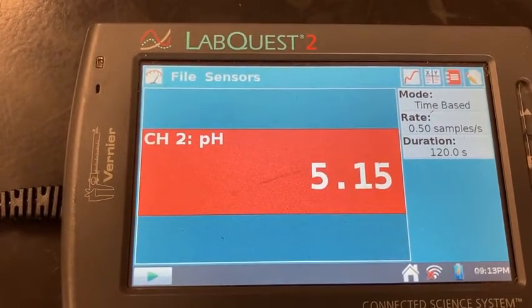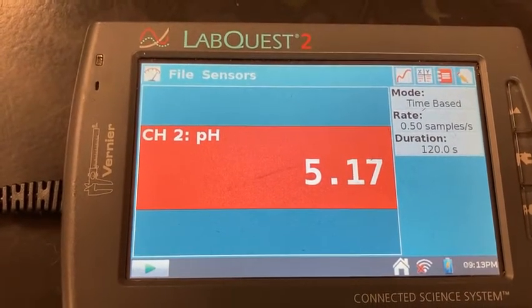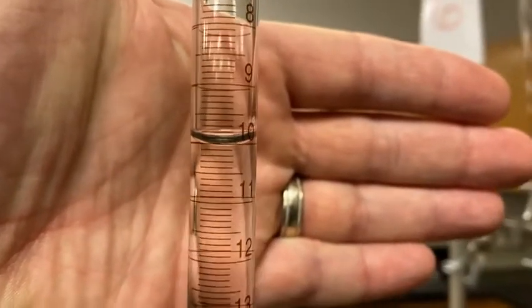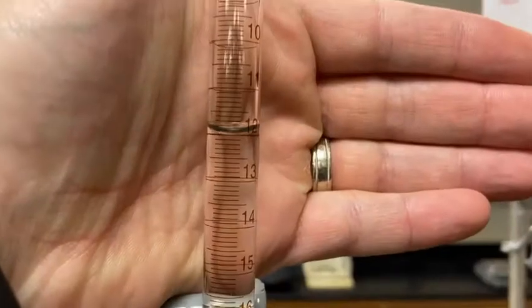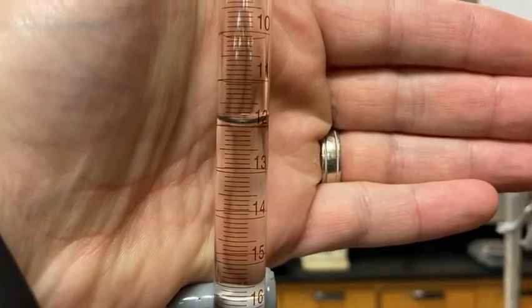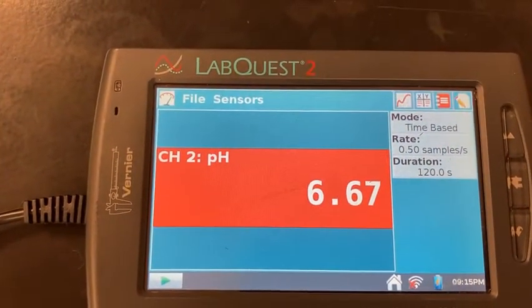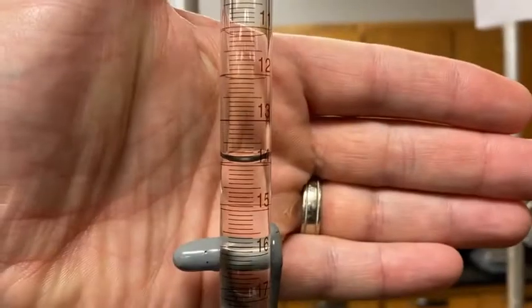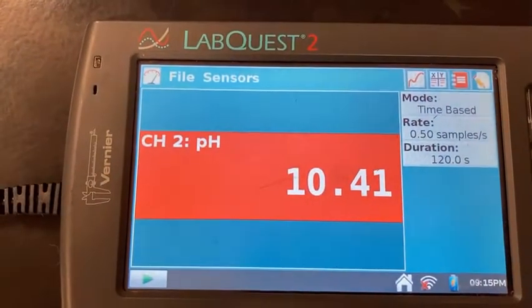It's kind of steady here. Here's our next addition. And our pH. Next addition. And the resulting pH. There's our next addition. Oh my, there's our pH.